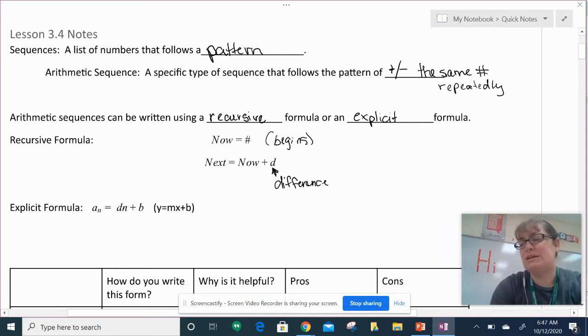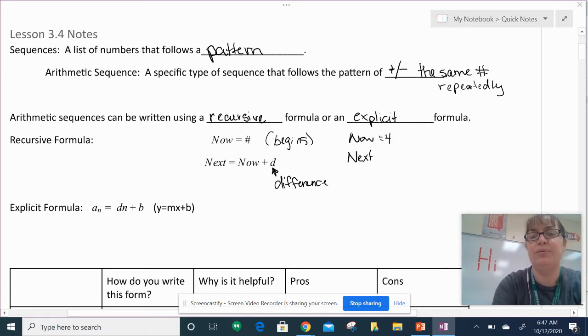It will look something like this. It might say a sub 1 is 4, and then to find the next term, take the now term and add 2. That means the first term in the sequence is 4. To find the next term, we take the now, which is 4, plus 2, which gives me 6.